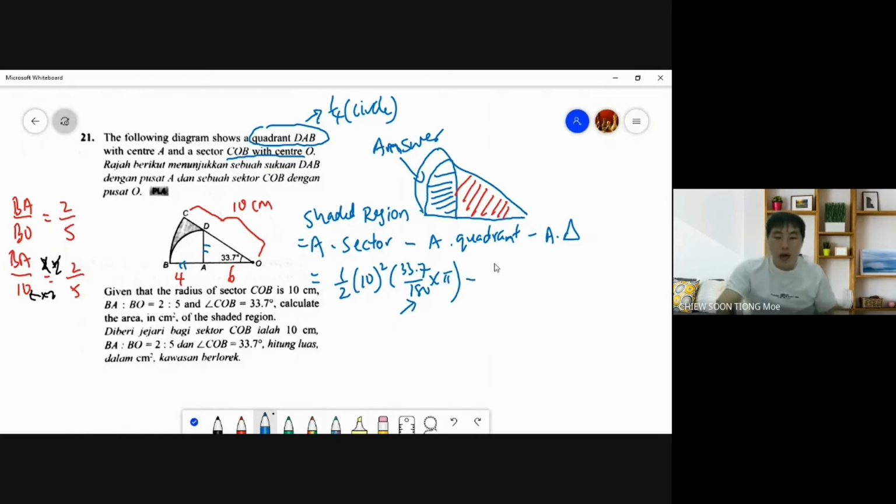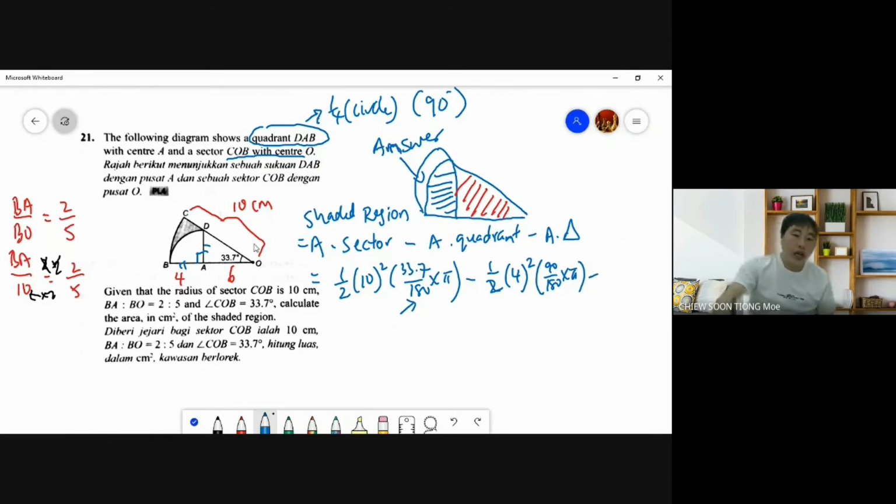Minus 1/2 r square theta, so we know quadrant is 90 degree, theta is 90 degree.